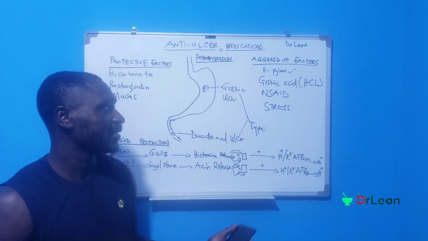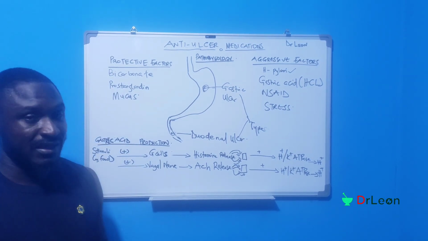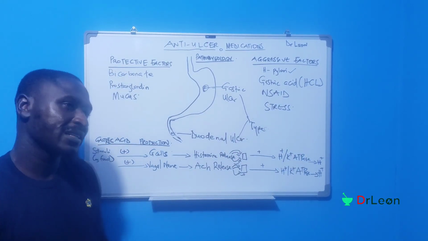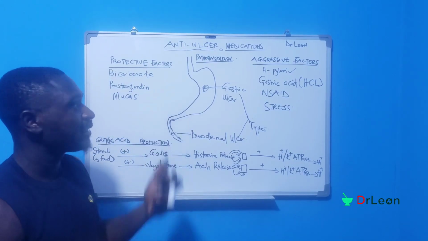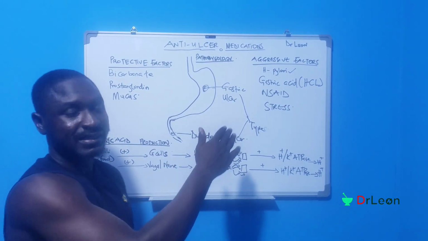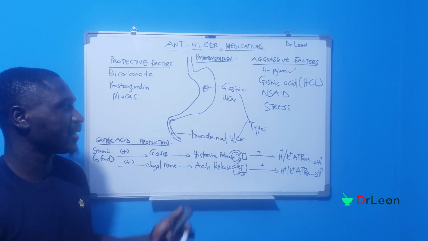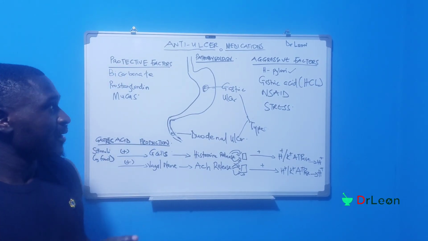The body uses the acid to digest some of the food that we take in. But if the production is abnormal or if it's not being checked, that can also lead to ulcer. NSAIDs, as we've already said, continuous use of them can also lead to ulcer, and stress.